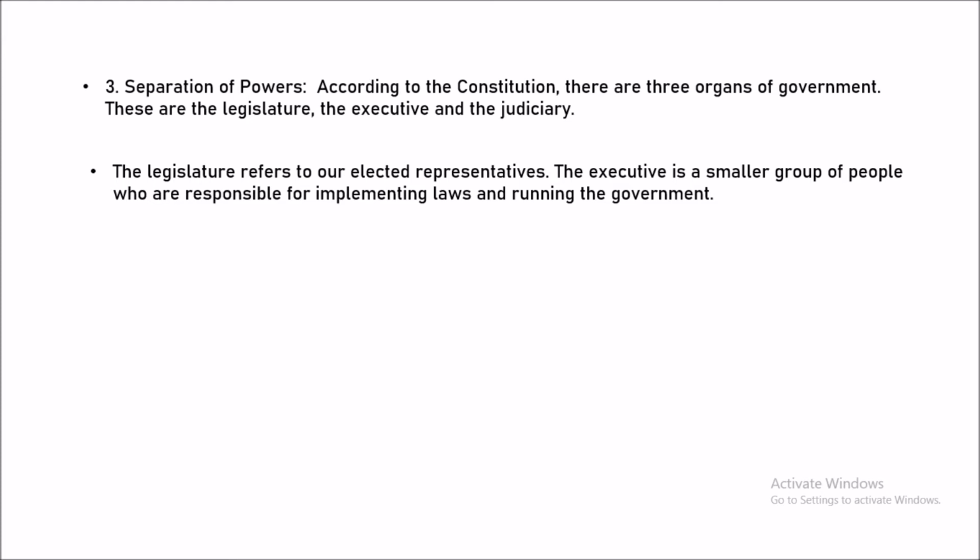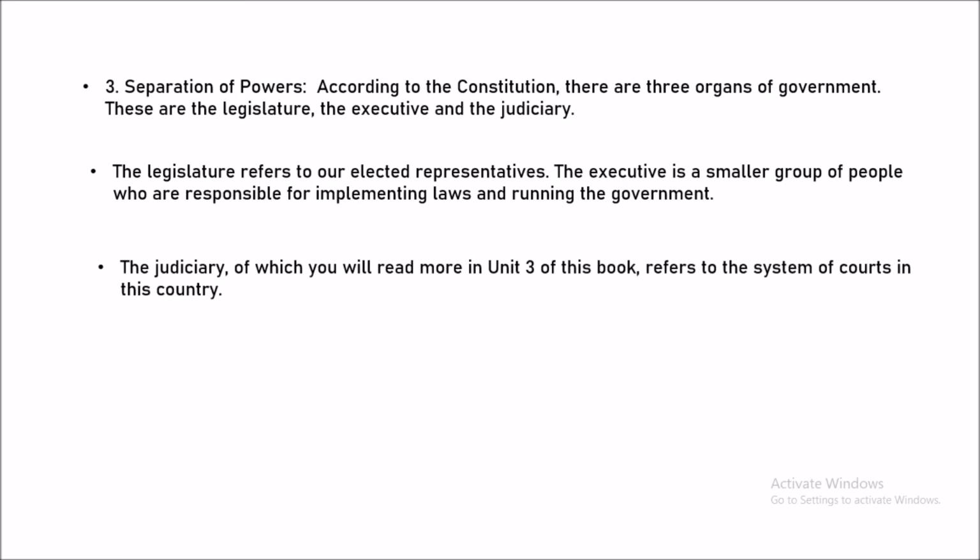The leaders of the legislature or the majority party leaders in the house will be the executive members, and they form the government and become ministers. And the third important organ is judiciary, of which we will read more in Unit 3 of this book. It refers to the system of courts in this country.